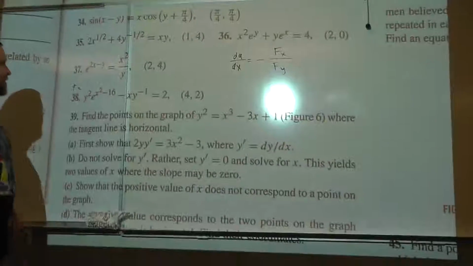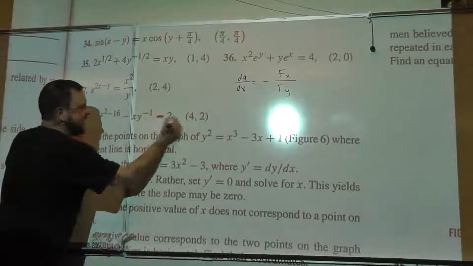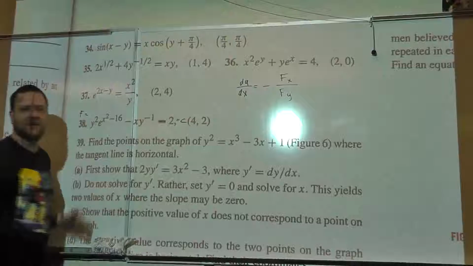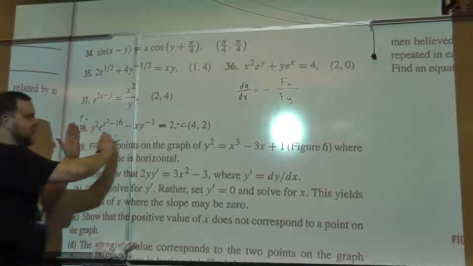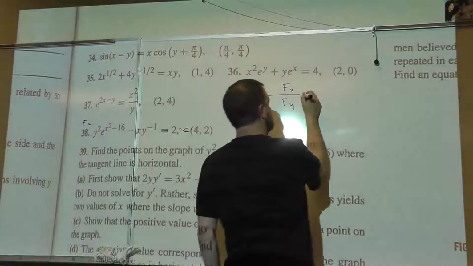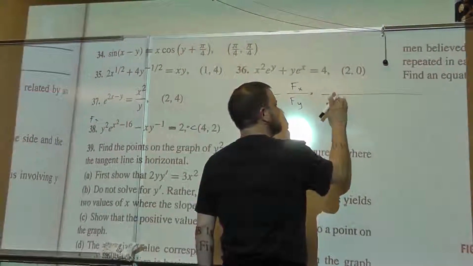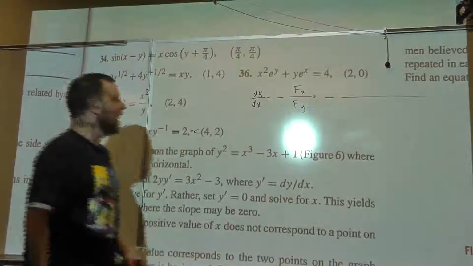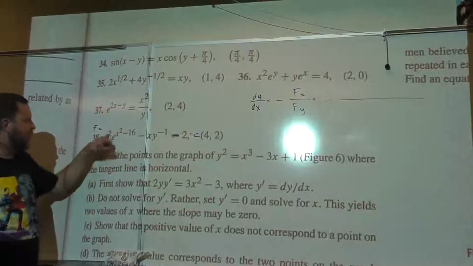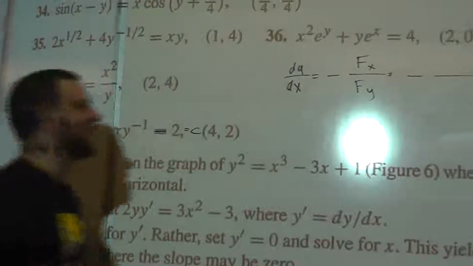So now if you see it this easy way, you can set this equal to 0 if you want to, so bring that over as a minus 2. And then do this partial with respect to x, which, oops, don't forget your minus sign, Crossland. So there's my minus sign right there. In this partial with x, y squared is a constant, e to the x squared minus 16.